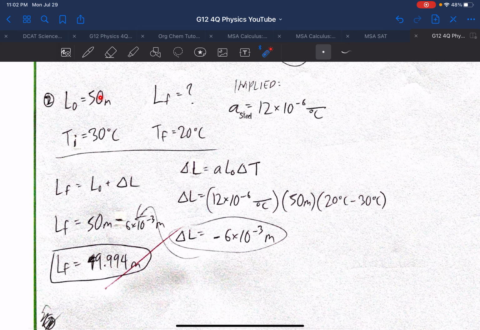So we have an initial length of 50 meters. The final length is not known. However, we have the temperatures initial and final. Basically, we can observe that it became colder from 30 degrees Celsius to 20.